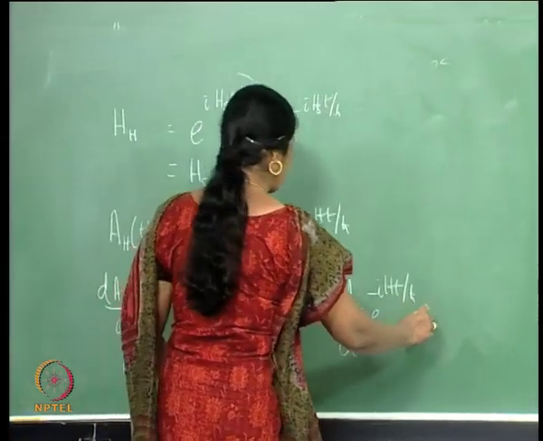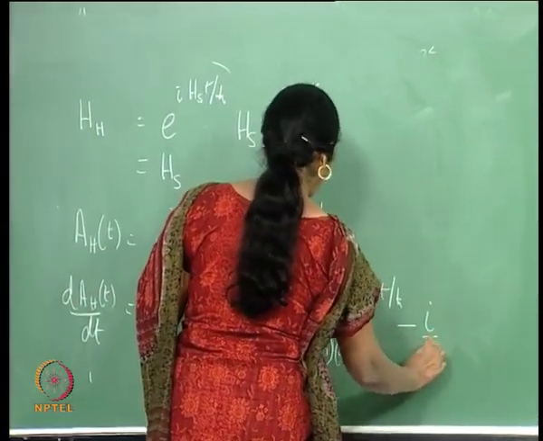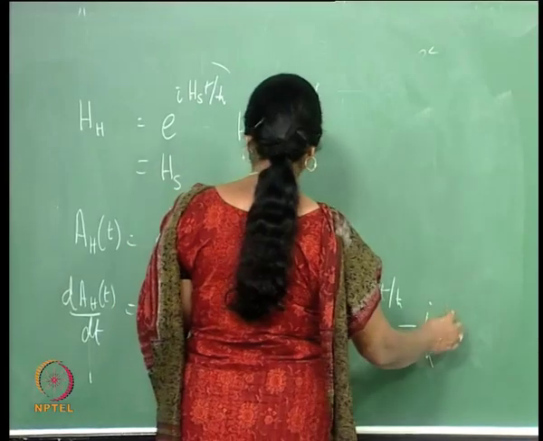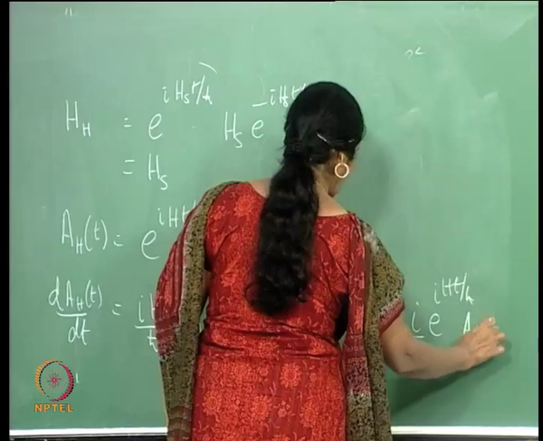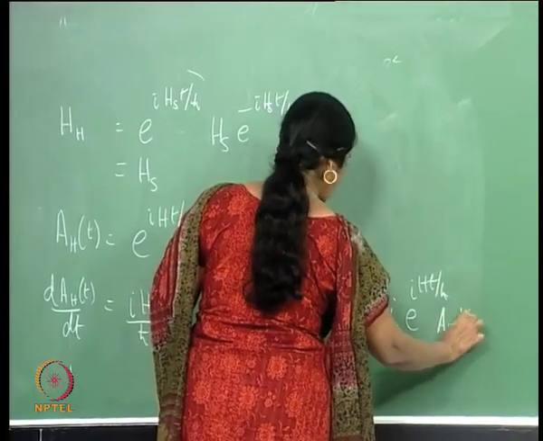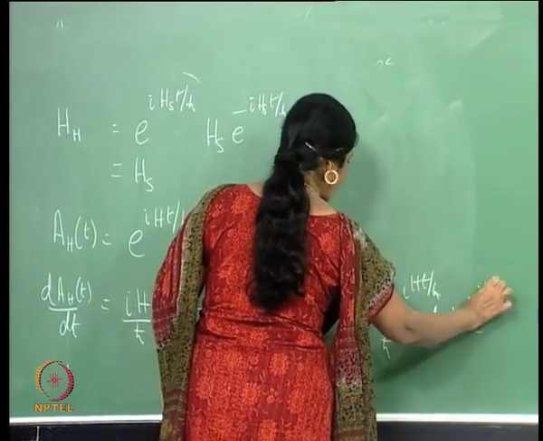Then there is a third term which is minus i by h cross, e to the i H t by h cross A_S H e to the minus i H t by h cross.